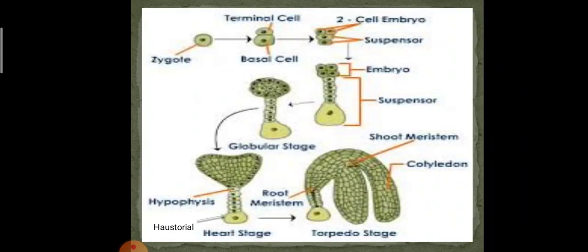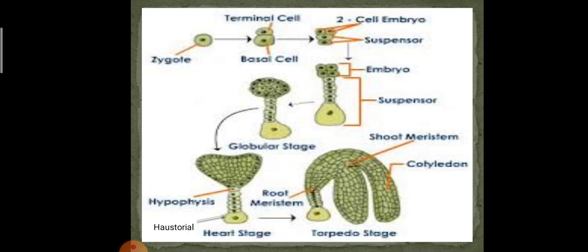First the zygote undergoes mitotic division, and it forms a two-celled structure. Of these two cells, the first is known as the basal cell, which is present near the micropyle, and the other is known as the apical cell or terminal cell.